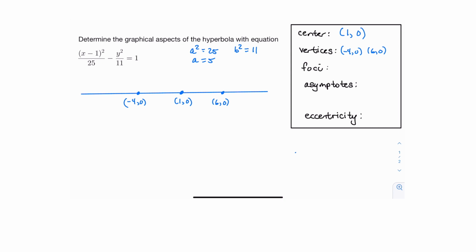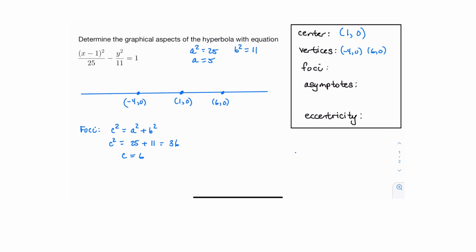Now to find the foci, remember that c squared, c being the distance from the center to a focus, is equal to a squared plus b squared. So we already know that a squared is 25, and we know that b squared is 11, which means c squared equals 36, which means c, the distance from the center to a focus, is 6 units.